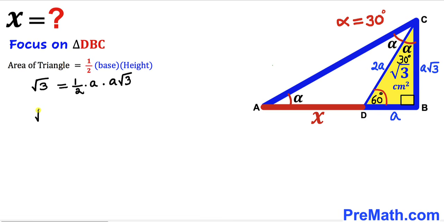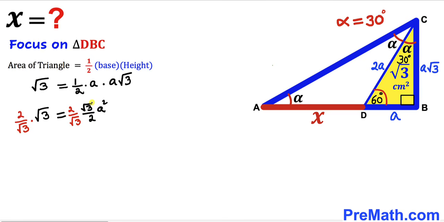So square root of 3 is going to be equal to square root of 3 divided by 2 times a times a, which is going to give us a square. And now I'm going to multiply by the reciprocal, 2 divided by square root of 3, on the right hand side, and likewise I'm going to multiply the left hand side with 2 divided by square root of 3 as well.